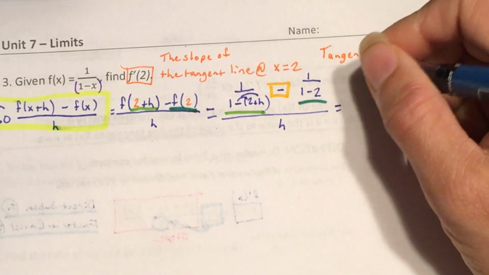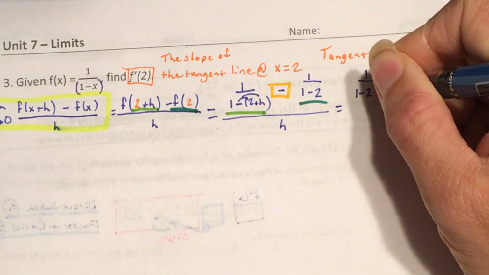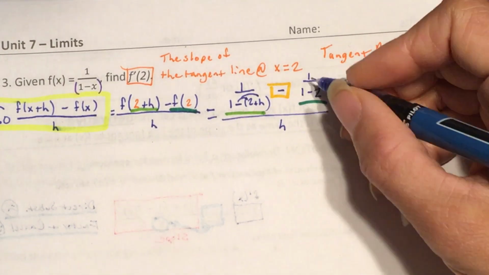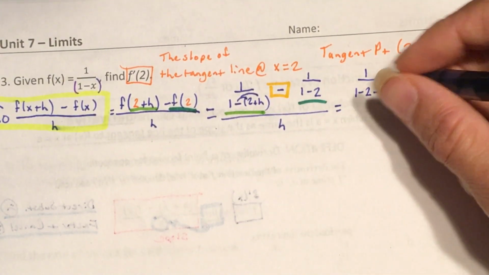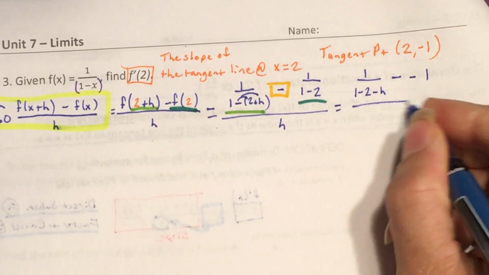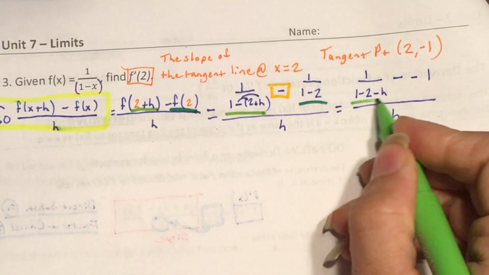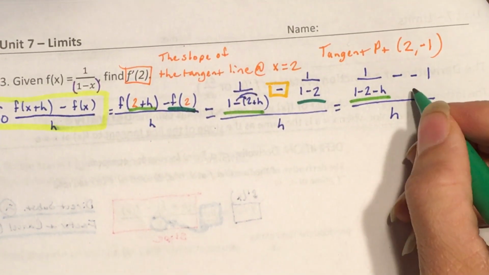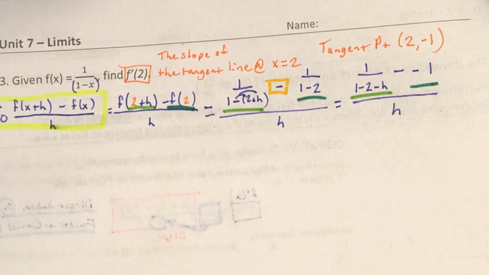That's going to give me 1 over 1 minus 2 minus h, minus, let's see, 1 over -1 is -1, so minus a -1 is what we are left with there, all over h. So this is my f of x plus h expression. This is f of x, or f of 2, and then there's our minus sign.